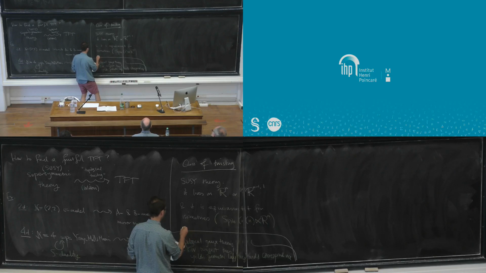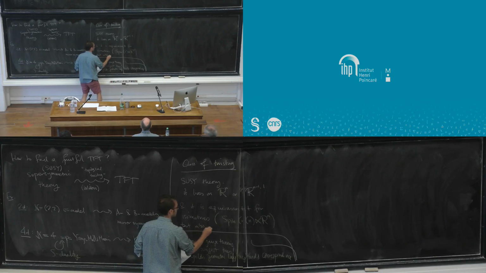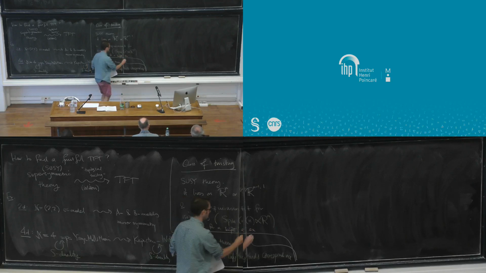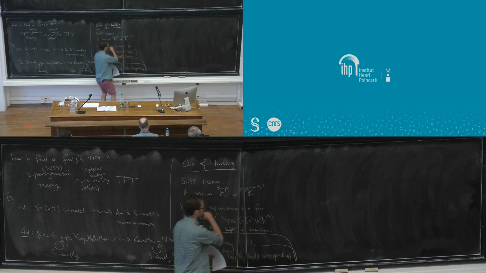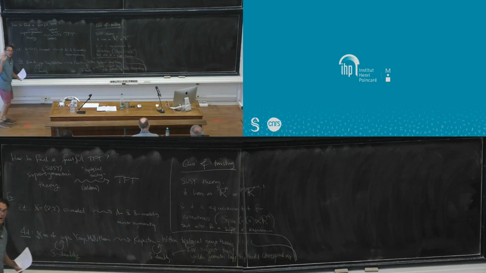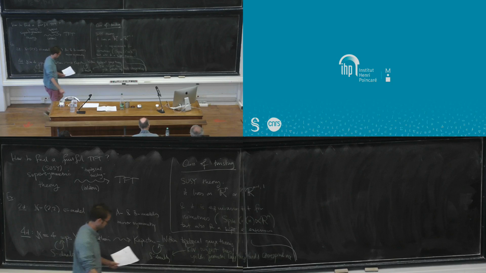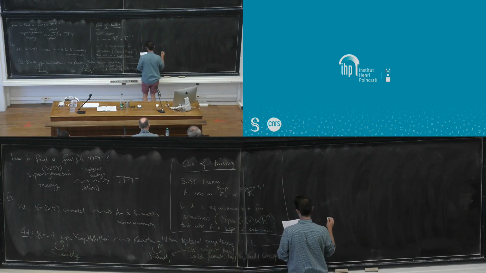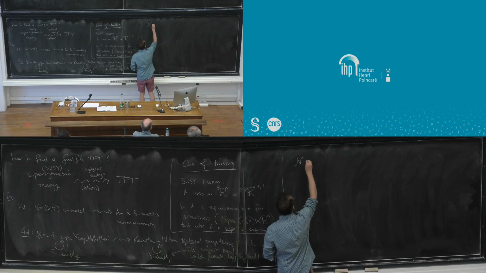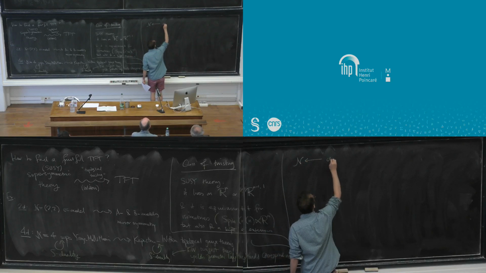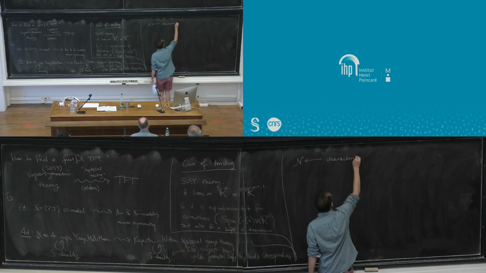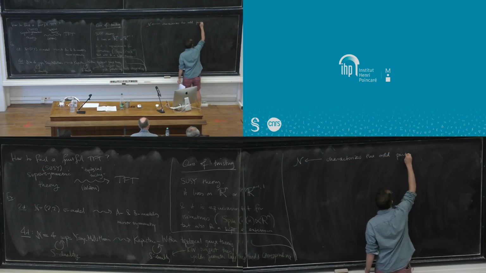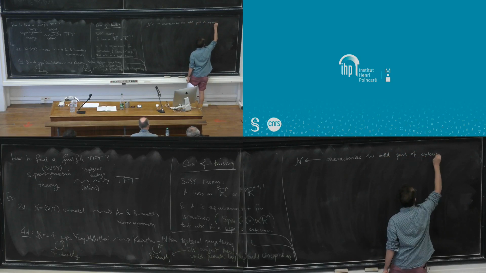But even better, also for a super extension, meaning a supergroup of these isometries. Okay, so there's some extra odd part that acts. As a remark, this notation N characterizes the odd part of the extension.